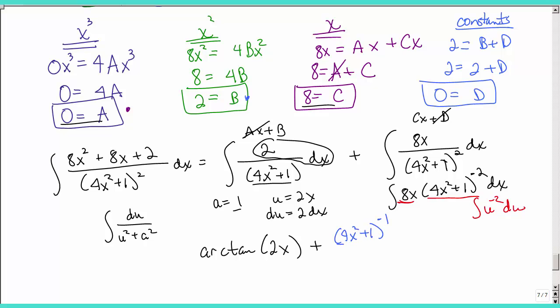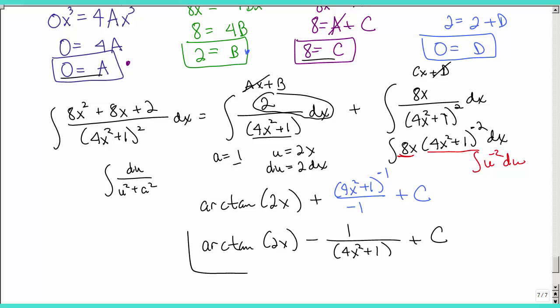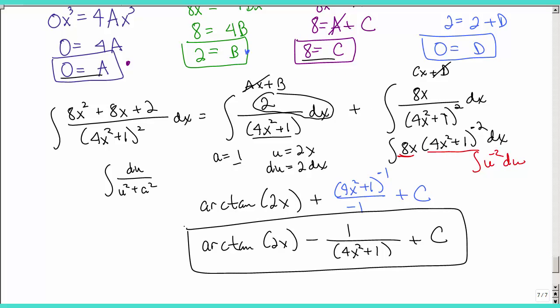I'd raise that to the negative 1 and divide by negative 1. So again, when you have all those quadratic factors, you're going to have to solve for the constants some way, either by equating coefficients, systems of equations, all kinds of things.